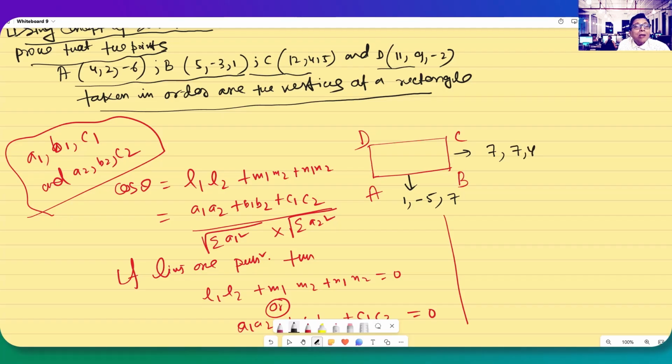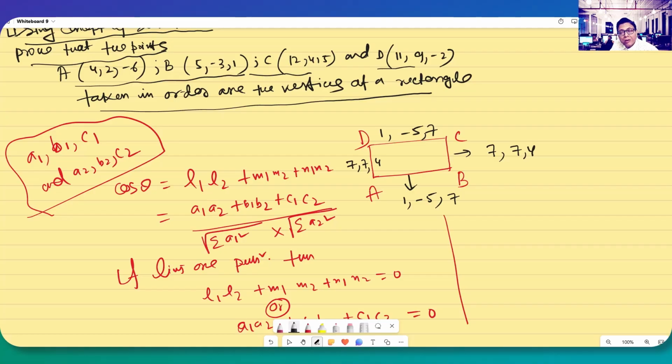For DC, whatever you say, I am taking DC: 12 minus 11, 1, and minus 5 and 7. And AD, D minus A, that is again 7, 9 minus 2 is 7, and the other one is minus 2 plus 6, that is 4.